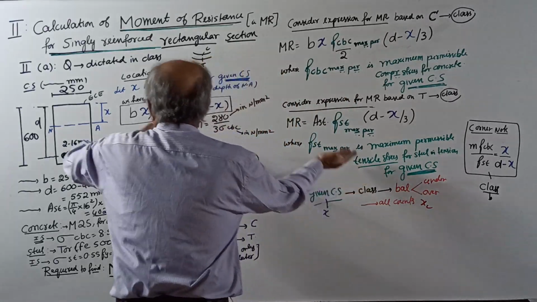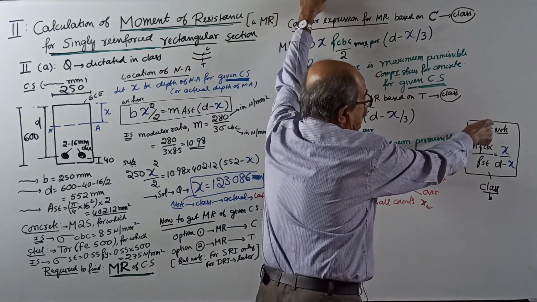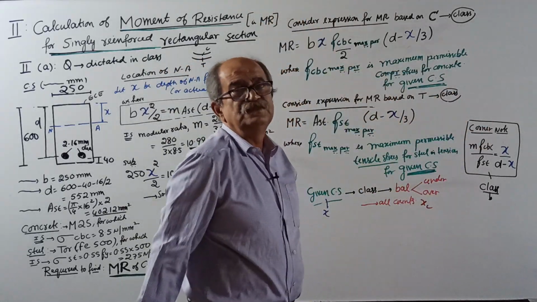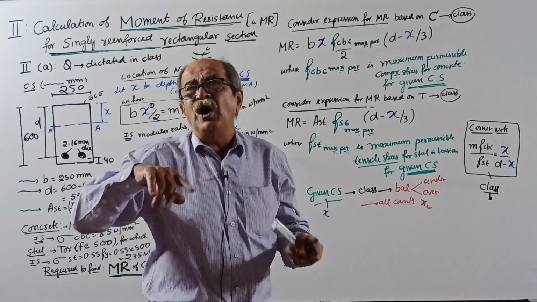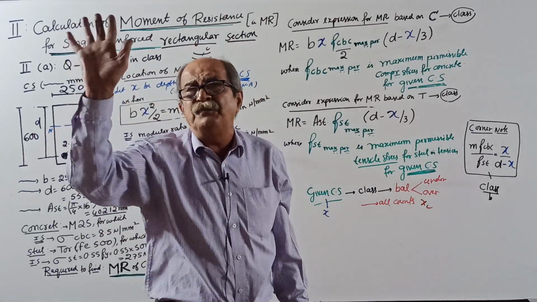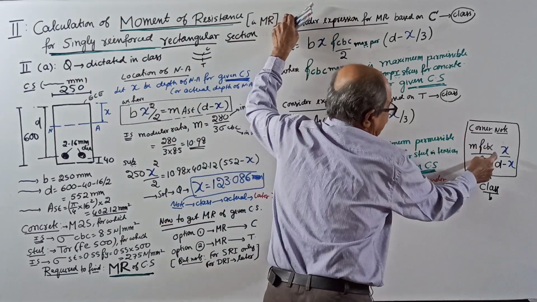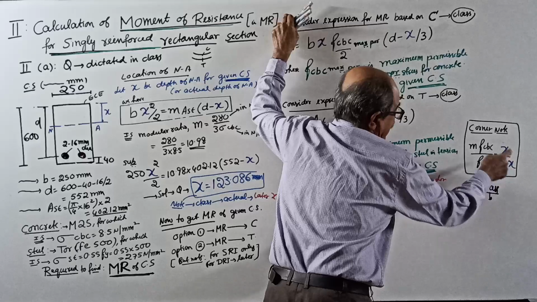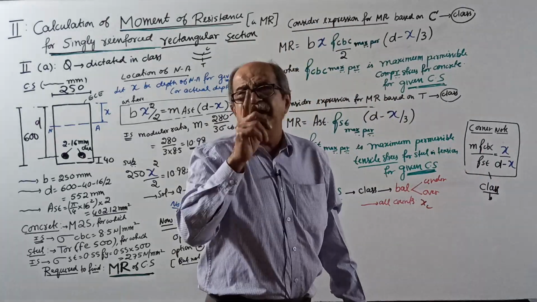Now, before you go to MR calculation, first make one corner note. Just a corner note: m FCBC by FST equals x divided by (D minus x). This equation should compulsorily be satisfied.